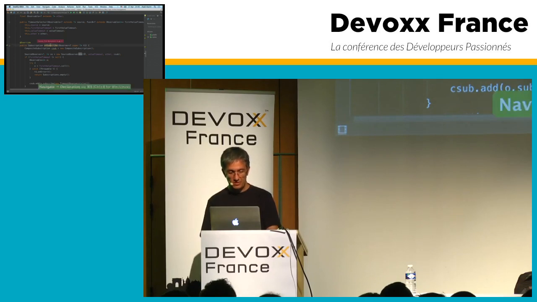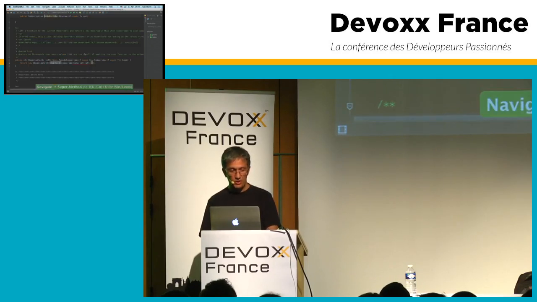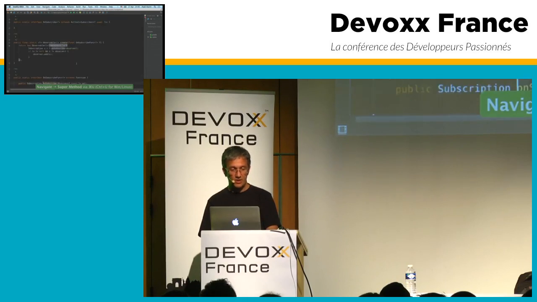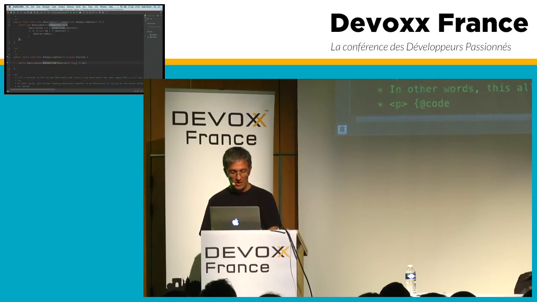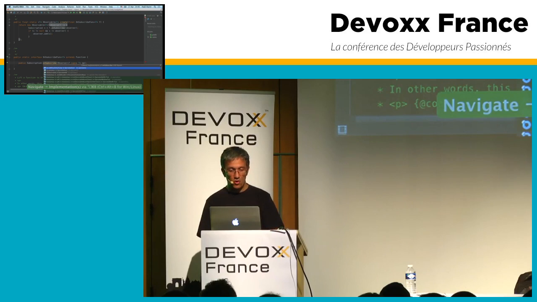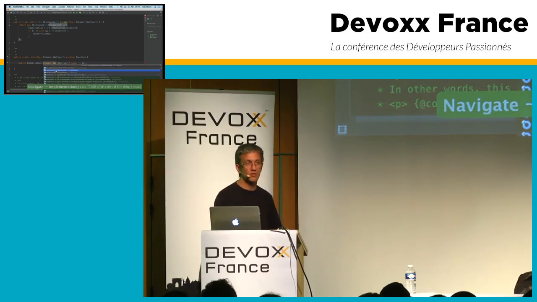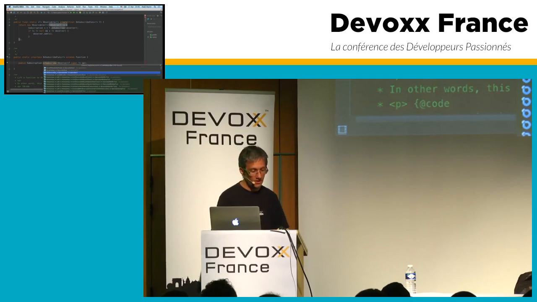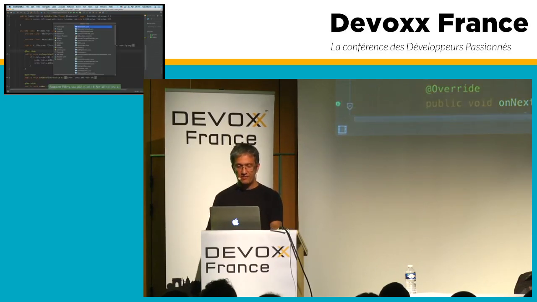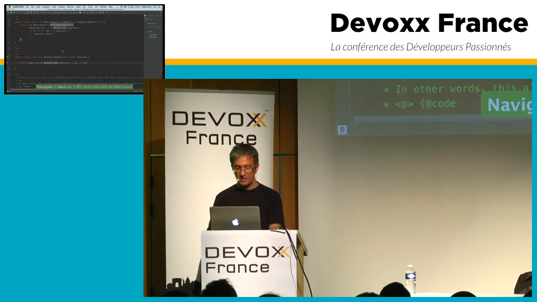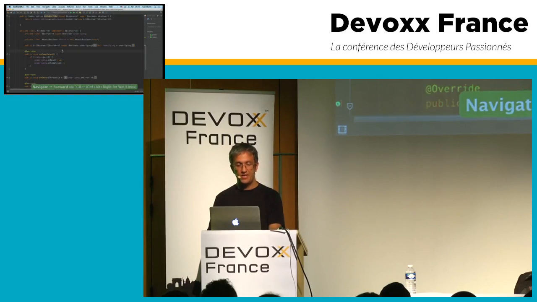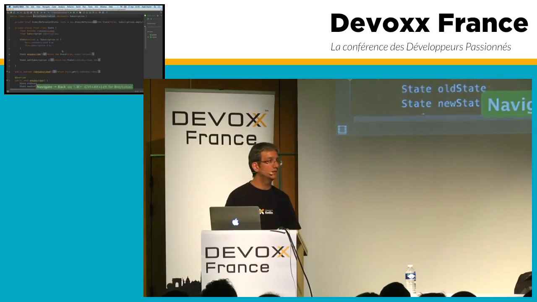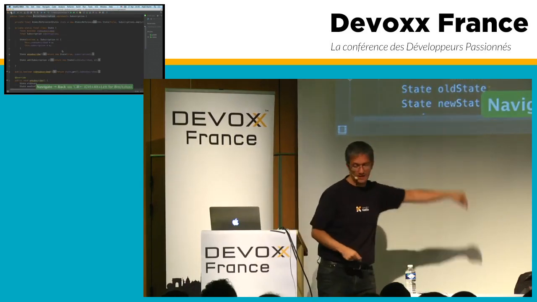Command B takes me to the declaration, and Command U is going to take me to the interface declaration. From here, I can see all of the different implementations using Alt-Command-B and navigate to each of these as well. And as I was saying, you can navigate back and forth with recent files and recent edits, and you can also navigate back and forth using Command and the left and right square brackets.